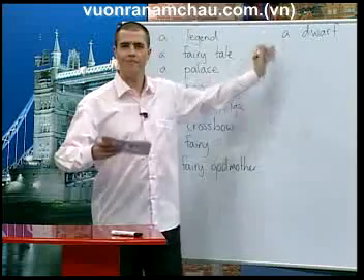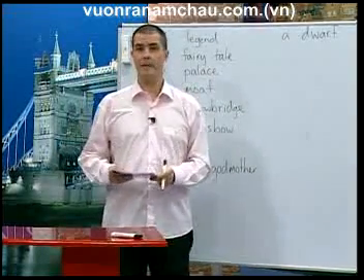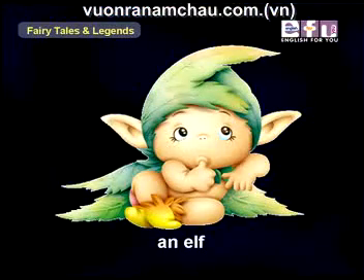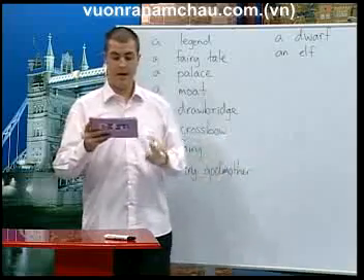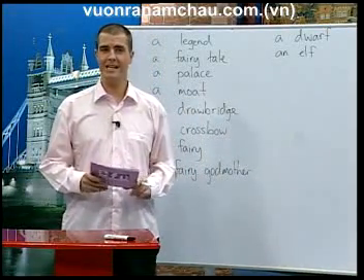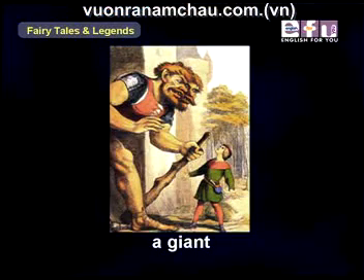A dwarf. A dwarf is an imaginary creature that looks like a small man. An elf. An elf is an imaginary creature that looks like a small man with pointed ears. And a giant.